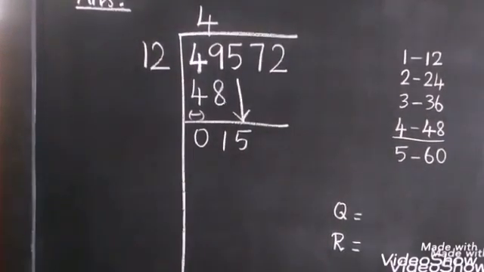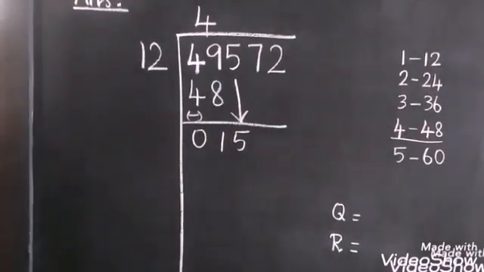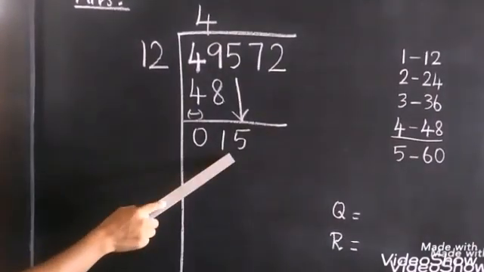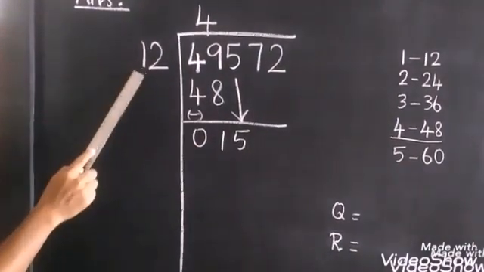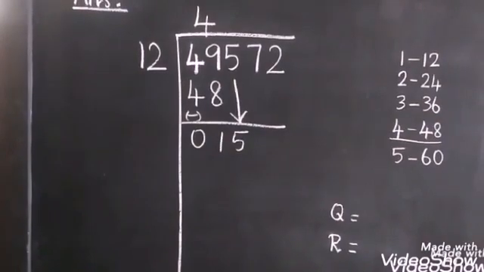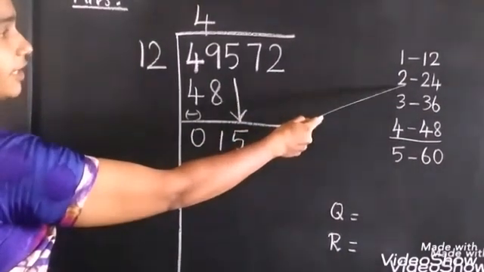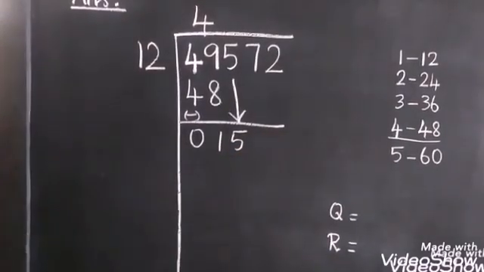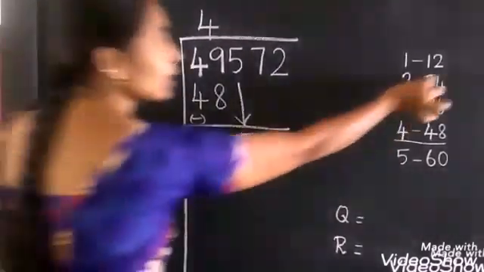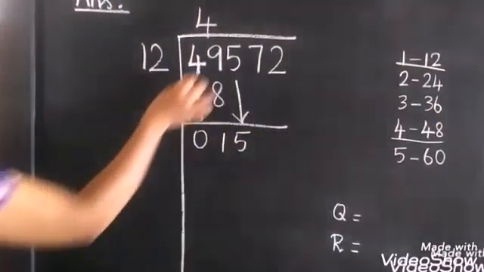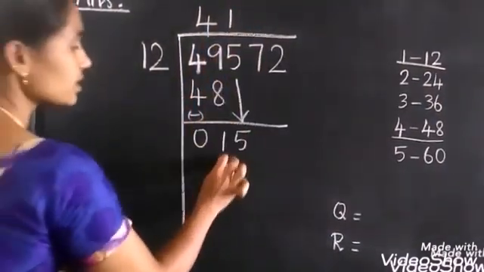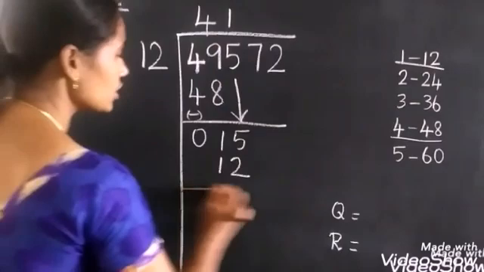Can 15 be divided using the 12 table or not? Yes, 15 is greater than 12, so we can divide by the 12 table. 1 12 is 12, we can use it. 2 12s are 24, we can't take it, it is a bigger number. So 1 12 is 12.